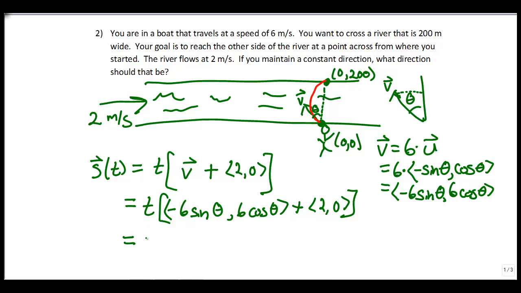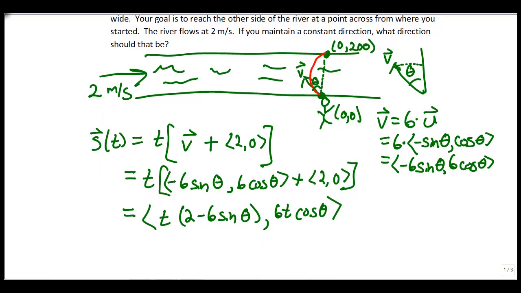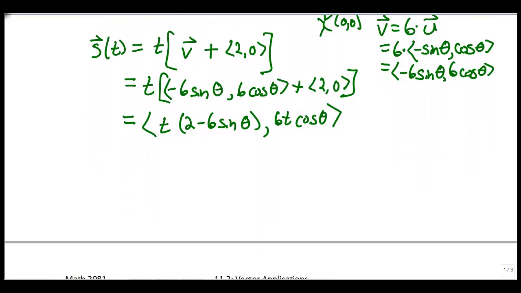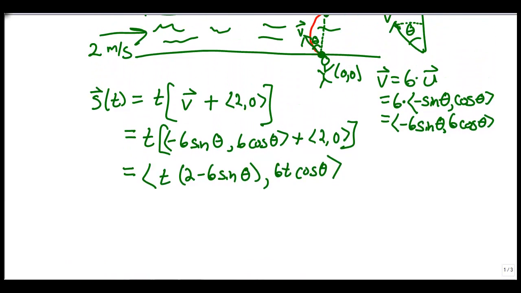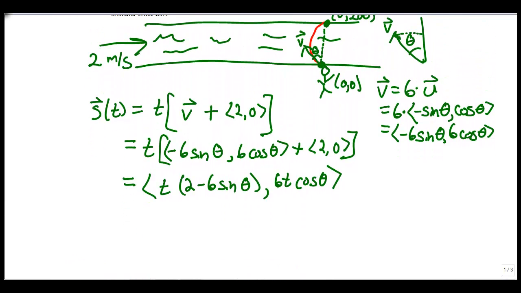So in the end, we get a vector that is t times (2 minus 6 sine theta), and then 6t cos theta. Okay, so there's our t.